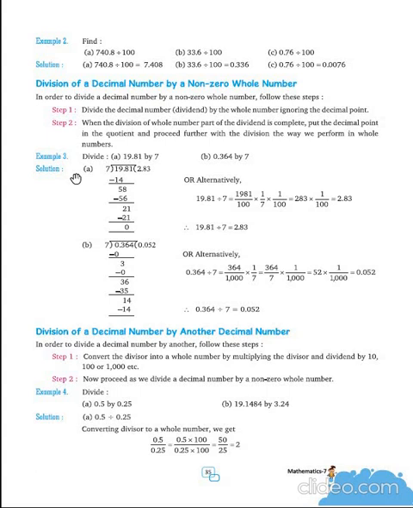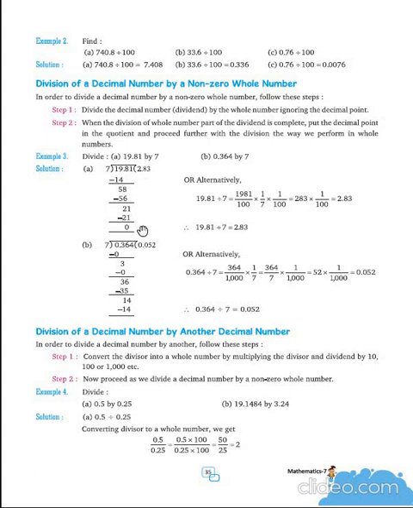So suppose you have to divide 19.81 by 7. First we consider it as 19. So it will be 7 twos are 14. Then we get 5. Then we place this decimal point in the quotient. We get point. Then we can bring down this 8.